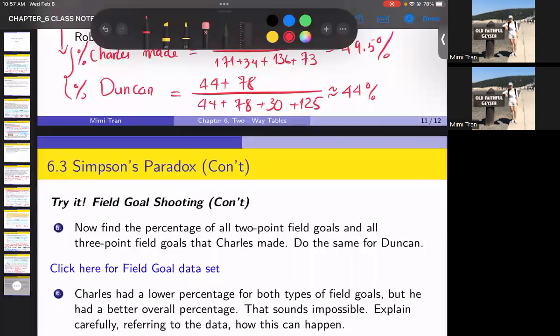Percentage of all 2-point, all 3-point. All right, all 2-point made. We talk about made here, right? Made, not missed.